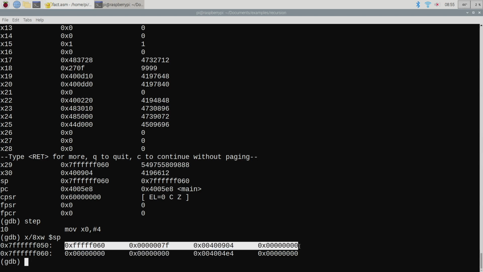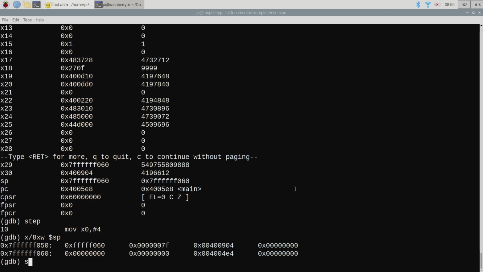The two things I just stored to the stack are x29, which is my frame pointer, sort of the original value of the stack pointer, we'll talk about the frame pointer later, and x30, which is the value that was inside the link register, and it was 904, whatever.